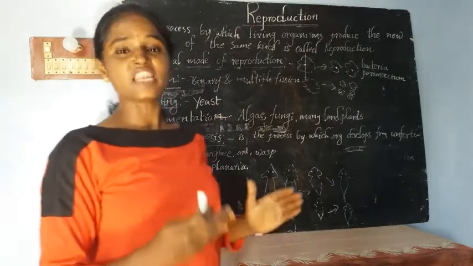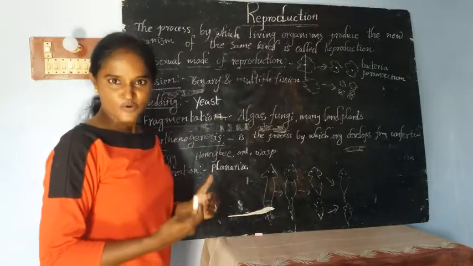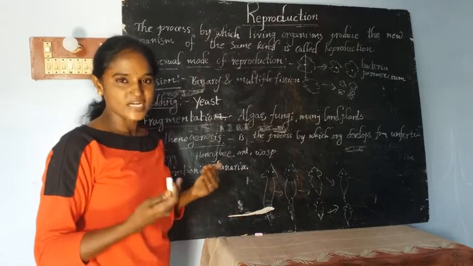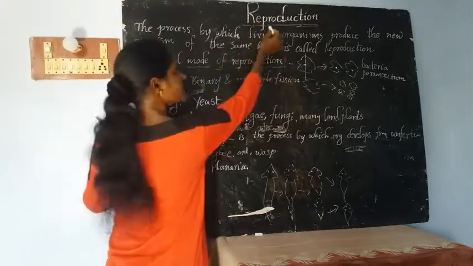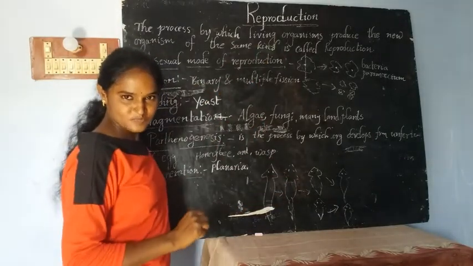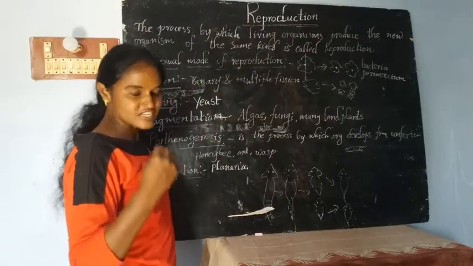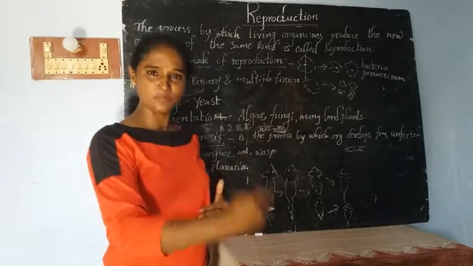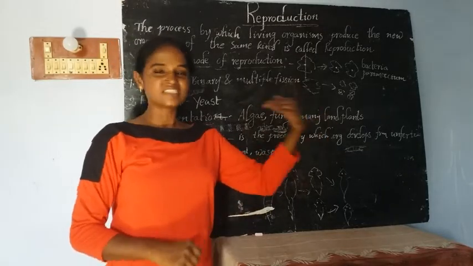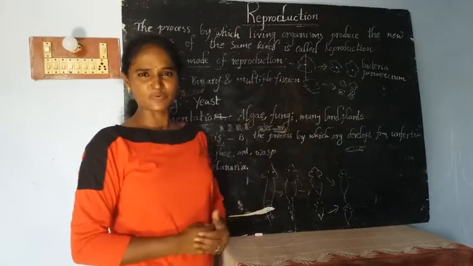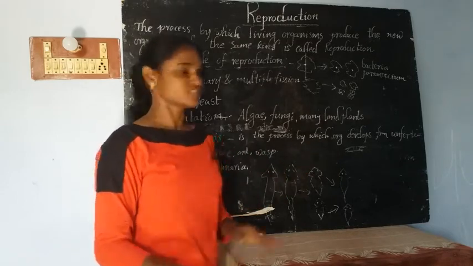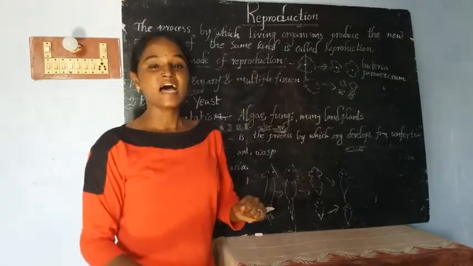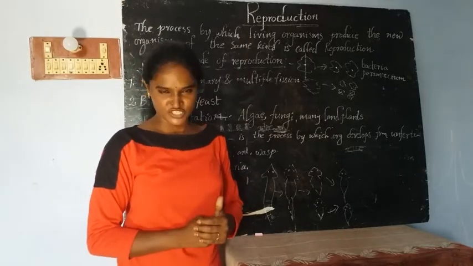Reproduction is a very important life process. Without reproduction, we can't exist on the earth. Reproduction is of two types: the first is the asexual mode of reproduction, and the second is the sexual mode of reproduction. In today's class, we are going to discuss the asexual mode of reproduction.